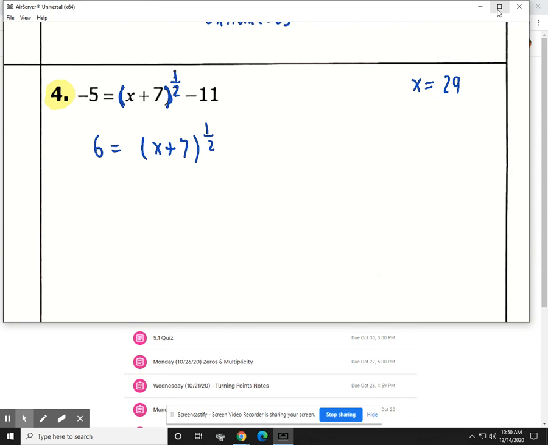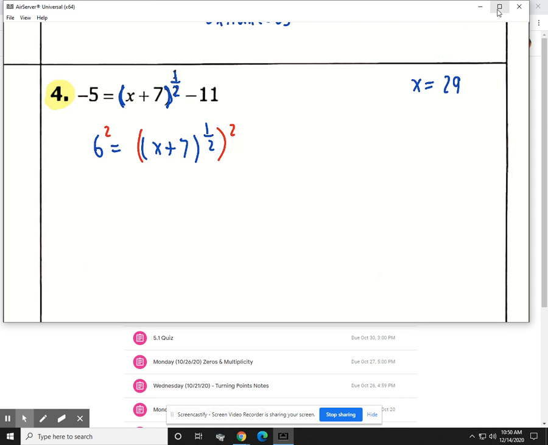The root is the denominator. That's the square root. How do we get rid of a square root? We square it. Same thing. We raise both sides to the second power.